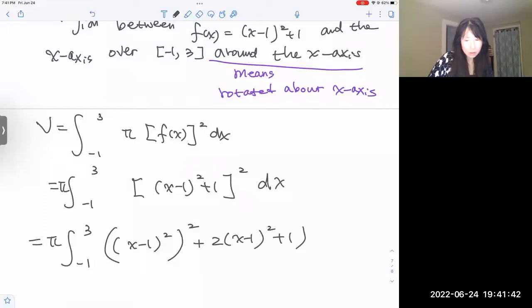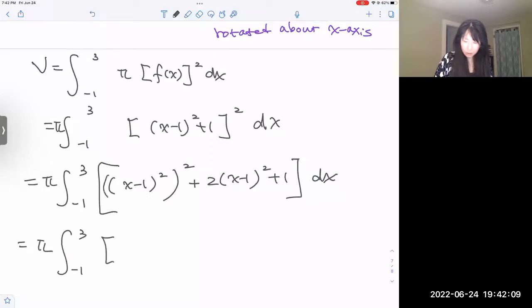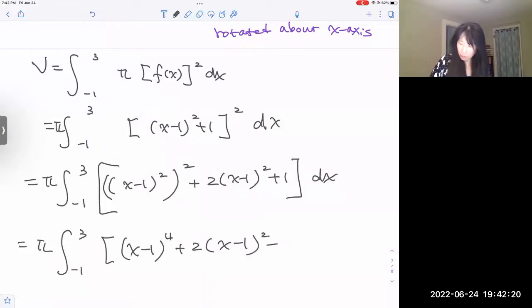Okay, now let us do from -1 to 3, and we have x minus 1 to the fourth power plus 2 times x minus 1 to the second power plus 1.